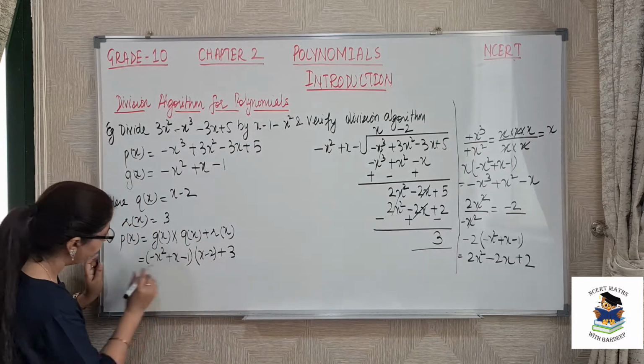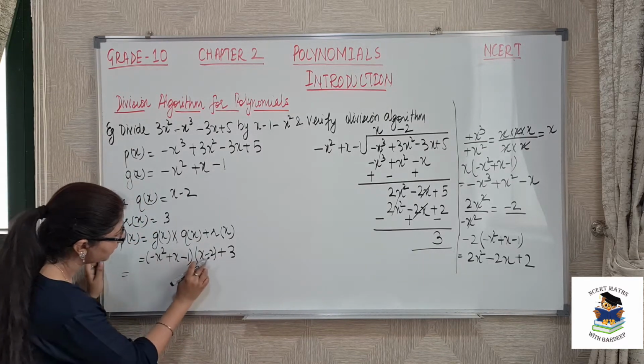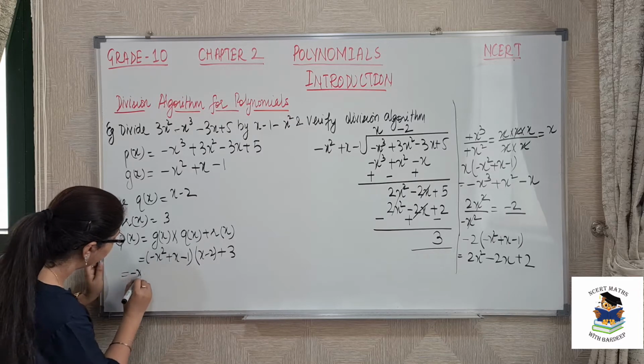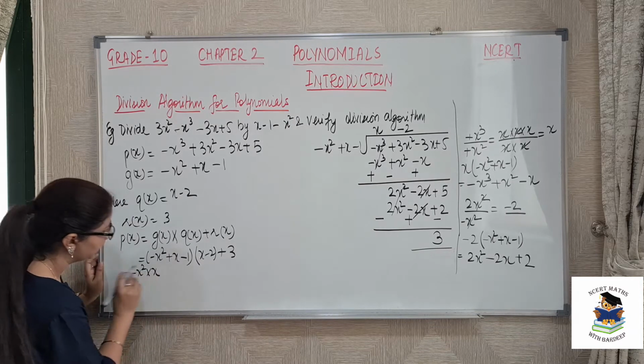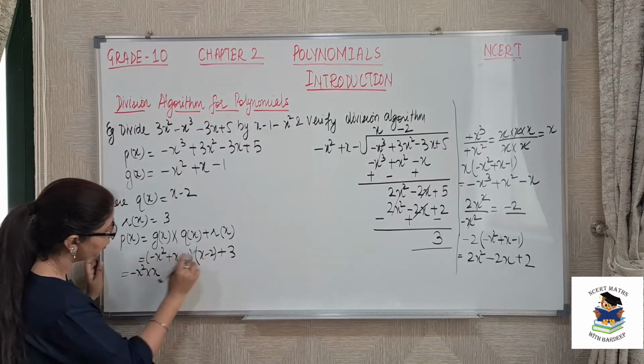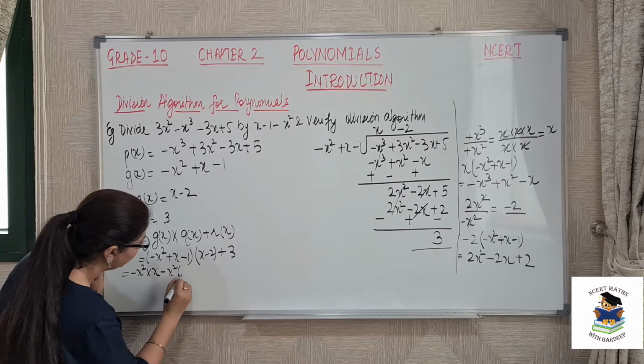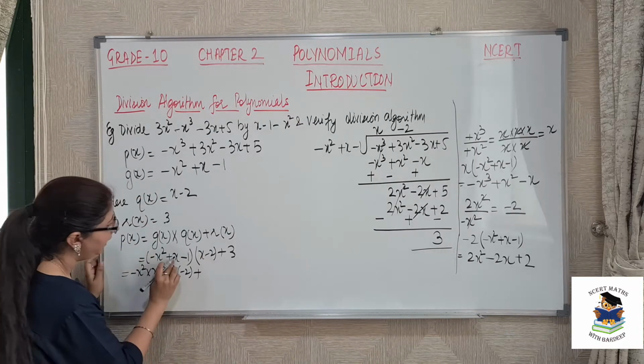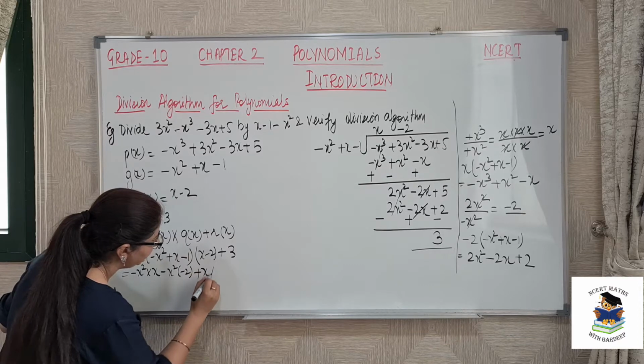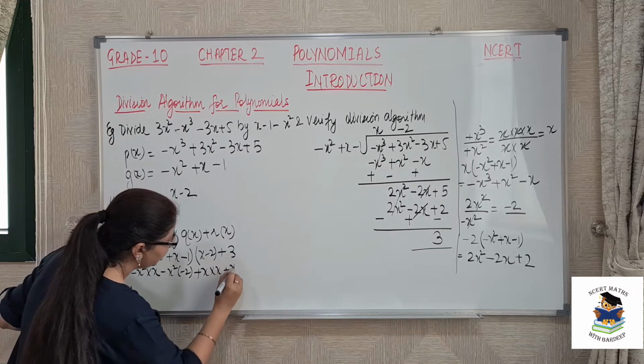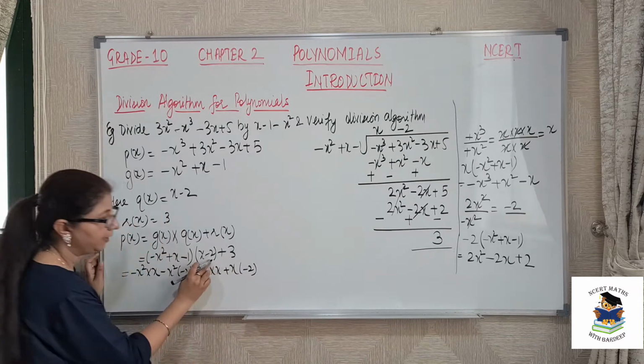Now let's find this product. Minus x square should be multiplied with x. Now minus x square should be multiplied with minus 2. X should be multiplied with x. X should be multiplied with minus 2.